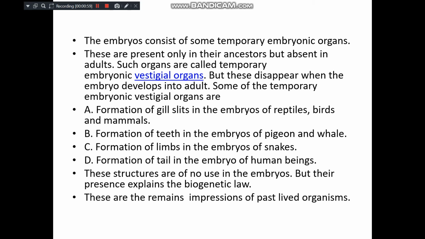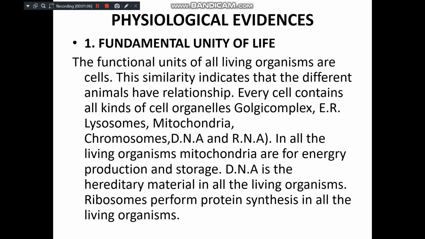So these are some of the evidences from embryology. Like embryological evidences, we can also have many physiological evidences, where we talk about the fundamental unity of life. One is that all living beings are made out of cells. Every cell consists of some common cell organelles like Golgi complex, endoplasmic reticulum, ribosomes, mitochondria, chromosomes, RNA.